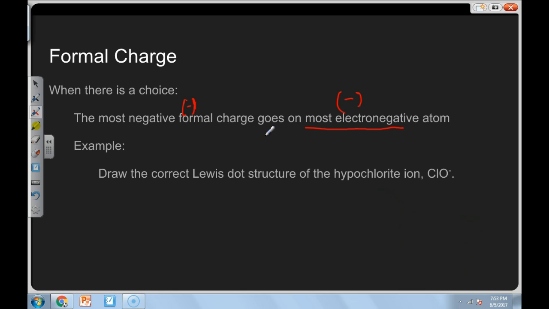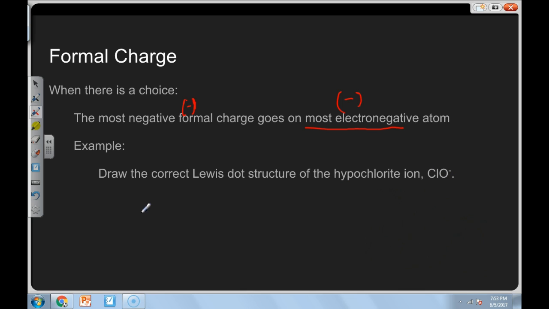And so it would stand to reason that the most electronegative elements are going to have the negative formal charge. So let's draw the correct structure of hypochlorite.